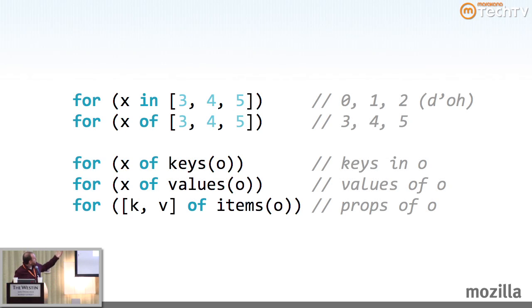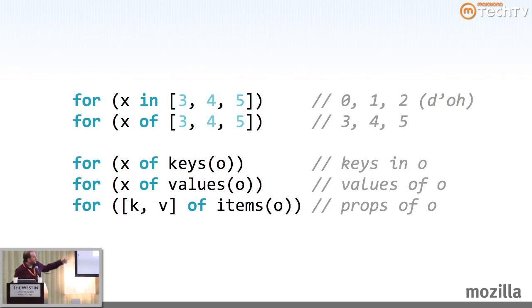So if you do a for-of loop over an array, you'll get the values. That's what you expect. In fact, if you do the for-of loop over any object, you're going to get the values instead of the keys of the object. But we'll also give you some batteries included, some built-in functions that let you describe custom arrays or custom sequences you want to iterate over.